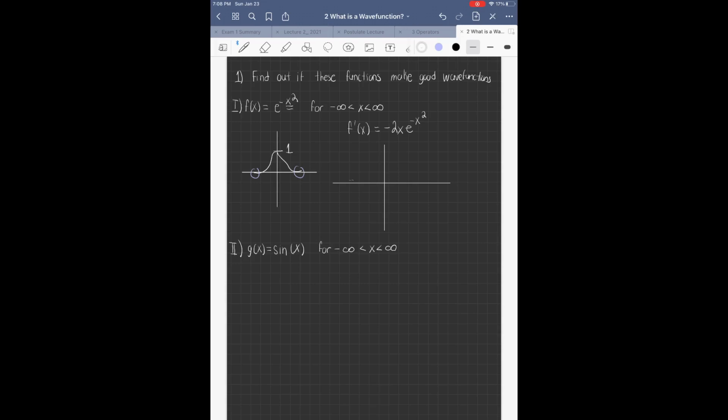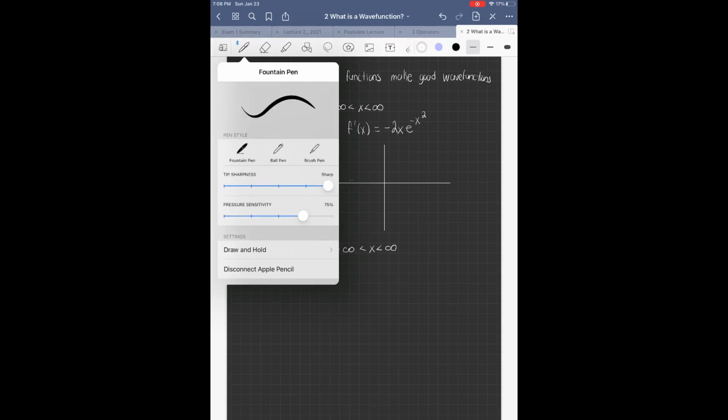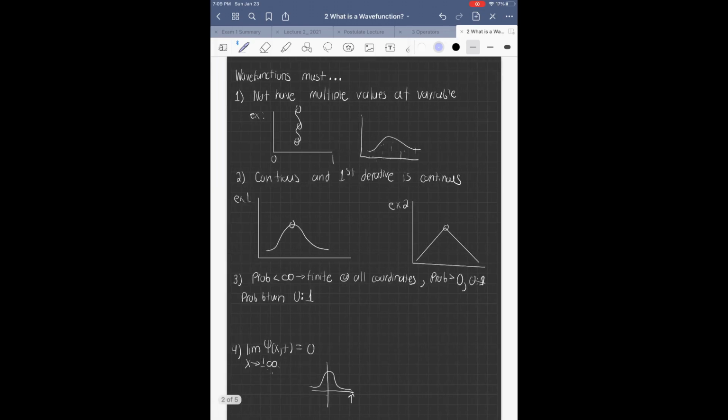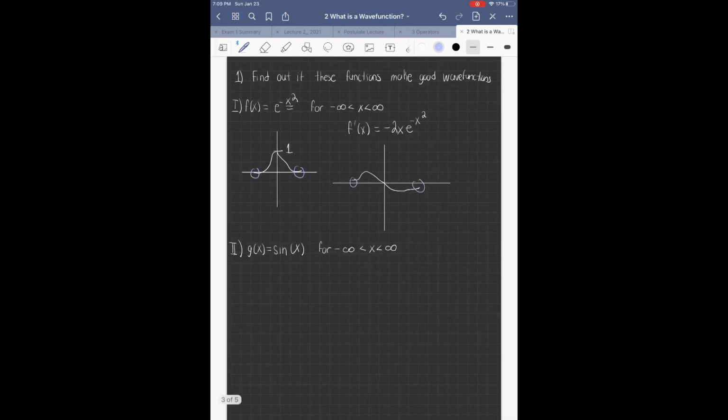All right, and there we go. It goes up, then it goes down, then it goes here. So there are no open spaces. It approaches 0 at infinity. As you see, it's continuous, there are no open spaces here, and the probability is finite.